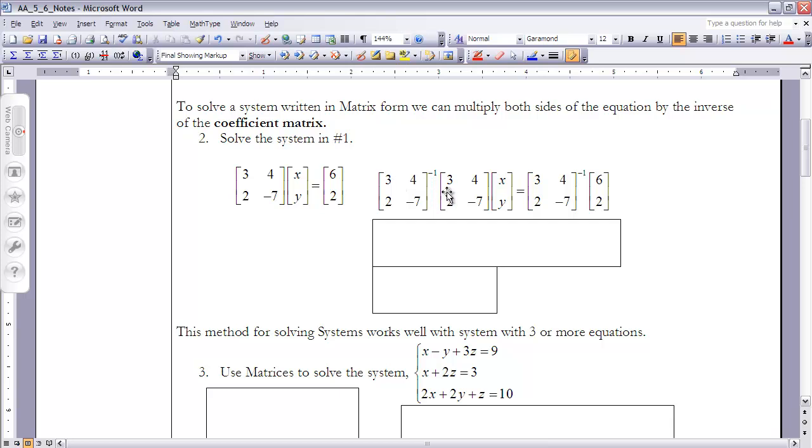So I'm going to put the inverse on the left hand side here, because over on the right hand side of the equation, in order for us to multiply these two together, it has to be listed first, because then I have a 2 by 2 times a 2 by 1.